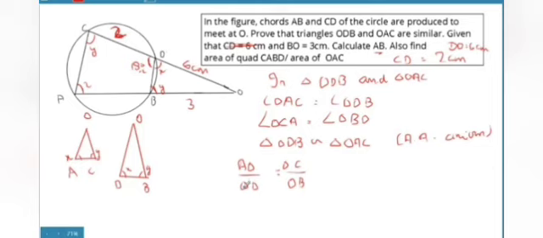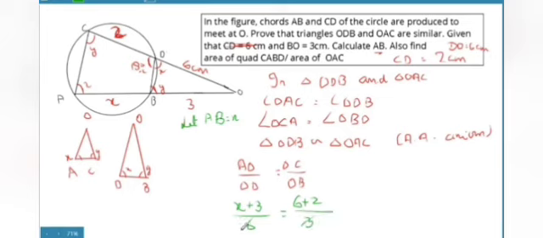So from here I can write that AO, and let us take AB as X. Let AB equal X. So if AB is equal to X, in place of OA I can write X plus 3 divided by OD, that is 6, equals OC, which is 6 plus 2, upon OB, which is 3.